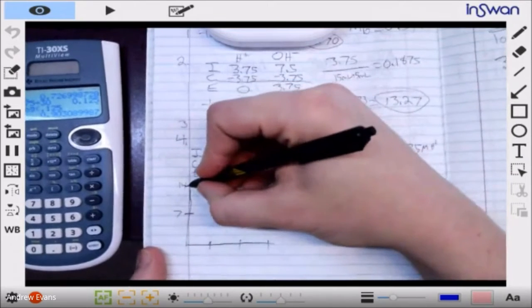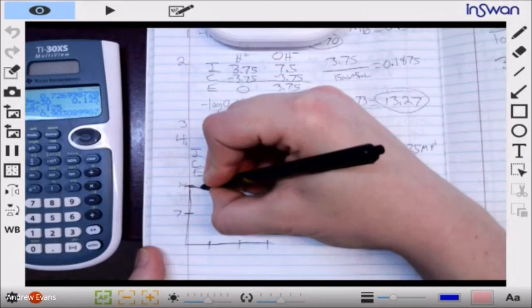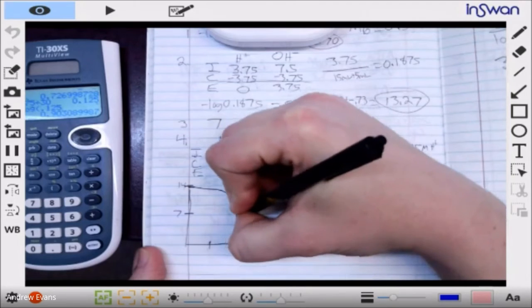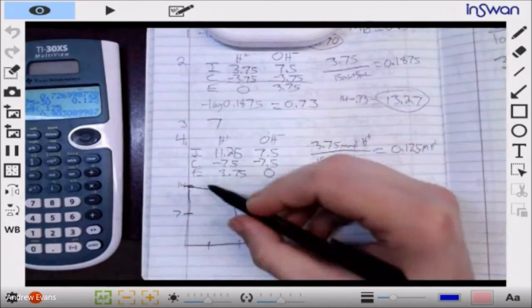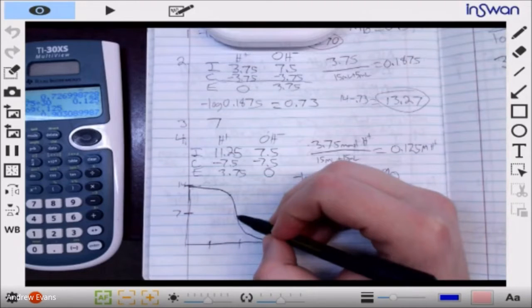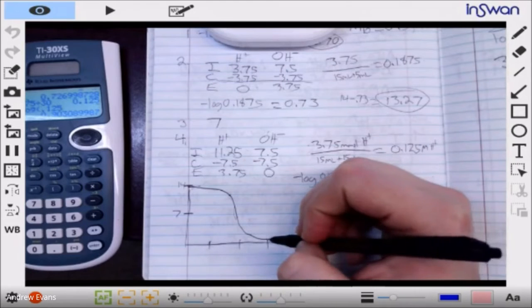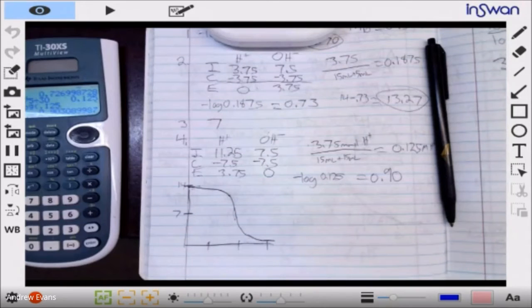We started like, and then I mean, it's really not much of a change till we get really close, and then it shoots all the way down, and then not much of a change after that. That is the nature of strong acids, strong bases. We don't see a huge change in pH until we get really close to the equivalence point, and then it changes very much so drastically.